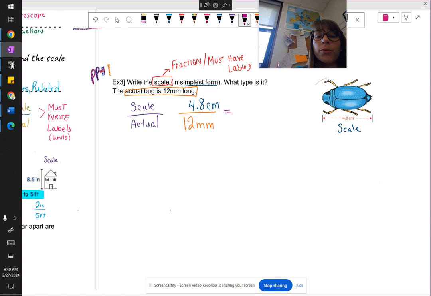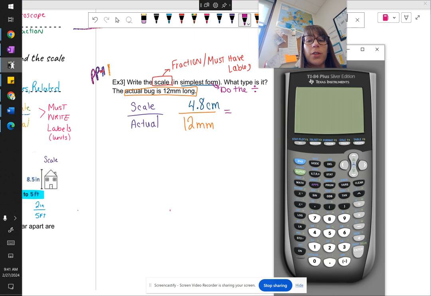But here, simplest form just tells us that we're going to do the division, right? A fraction part is a division. So into your calculator, you will type that 4.8 divided by 12. And that's going to give you a decimal. We want these to be written as fractions so we can see the scale over the actual. So you are going to use your calculator buttons.